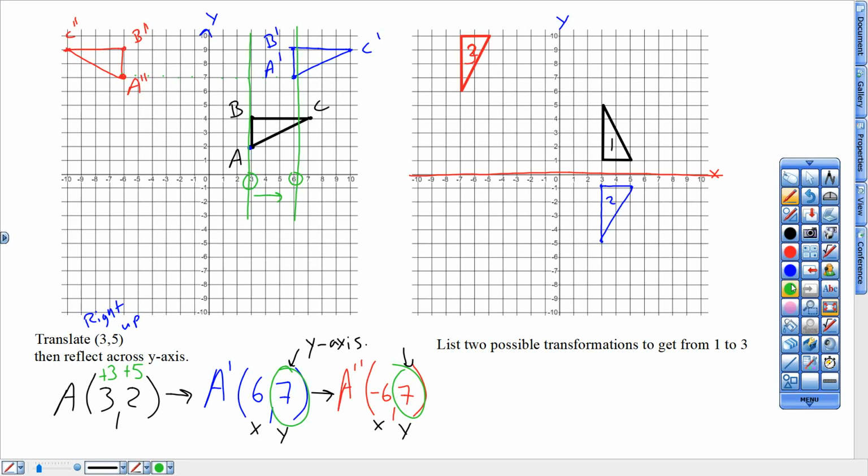I can see that all I got to do now is try to map this movement right here, because that is the last transformation. So here I go. First, what I did to get this, I reflected over the x-axis. First, reflect over the x-axis.